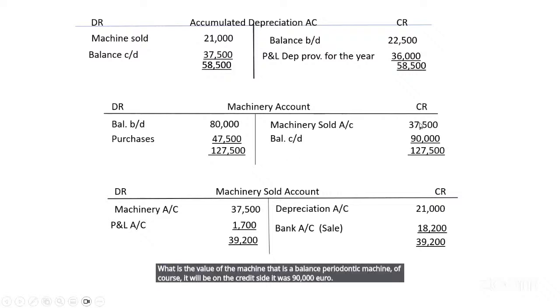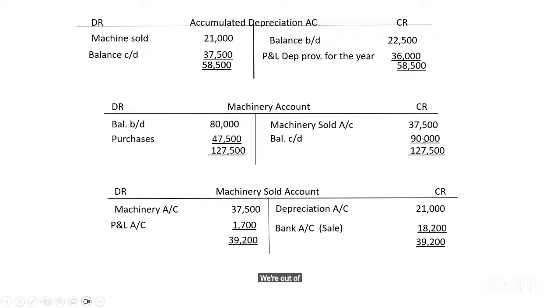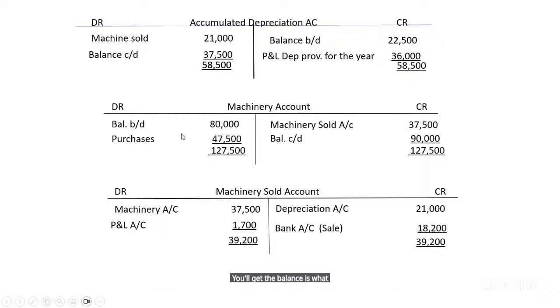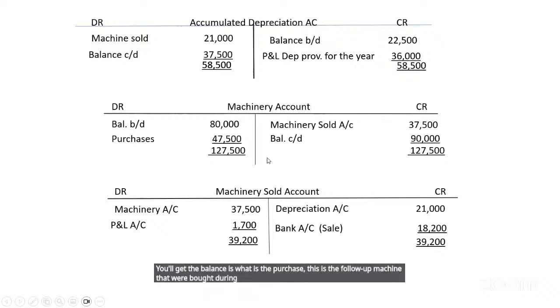When you add up 37,500 plus 90, you get 127,500. Now, when you subtract this balance, 127,500 minus 80,000, you get the balance, which is the purchases. This is the value of machine that were bought during the period: 47,500 naira.